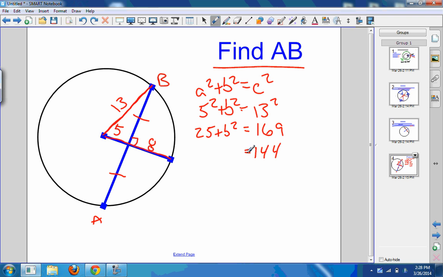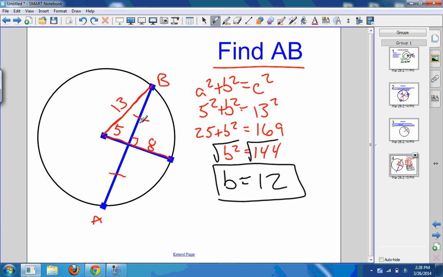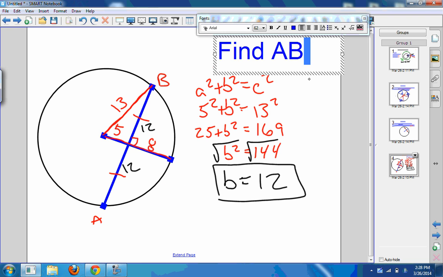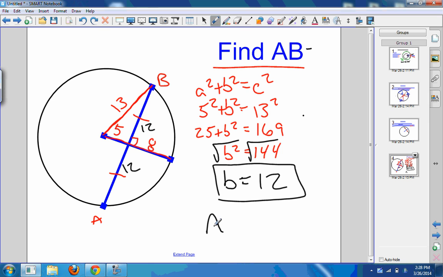Then to get b by itself, we need to take the square root to get rid of that squared. So b will equal the square root of 144, and you can use your calculator if you don't know that it is 12. So that is 12, which means this is also 12, which means my AB will equal 12 plus 12, or 24. All right, that is it for today. I'll see you guys in class.